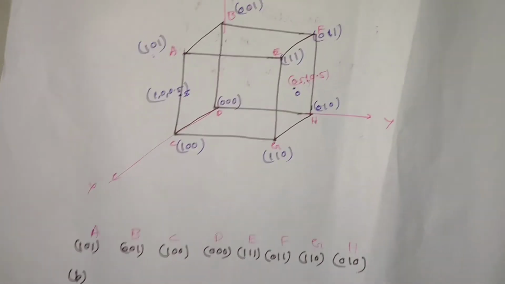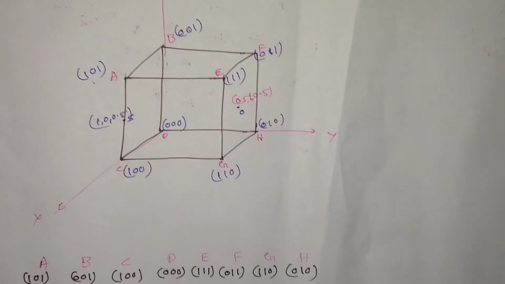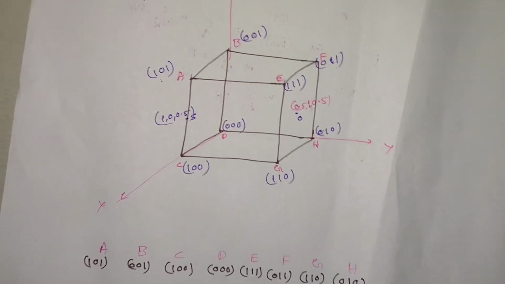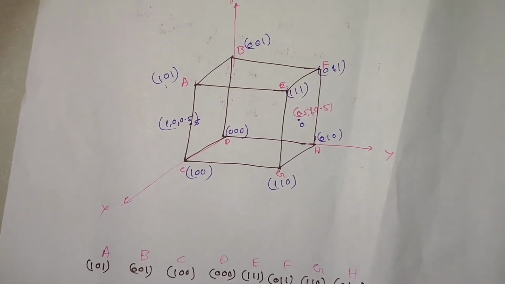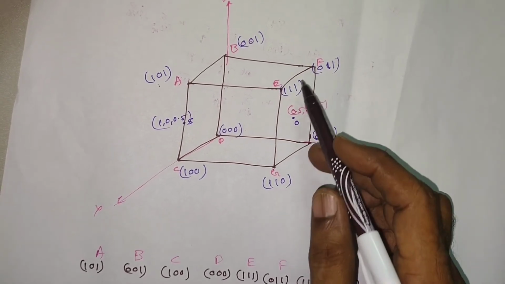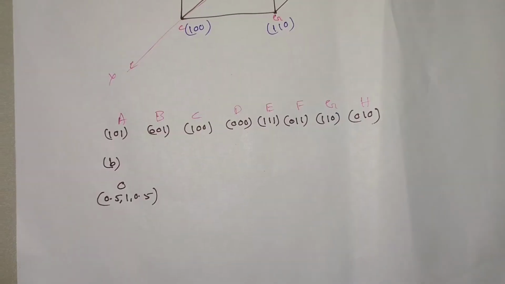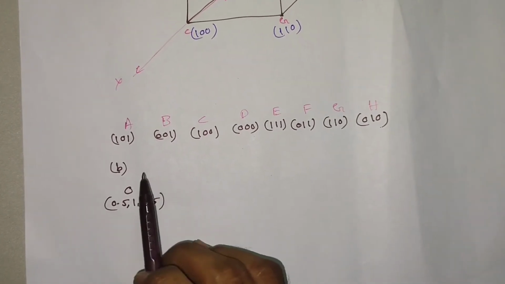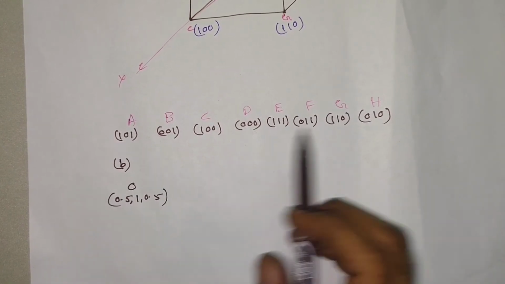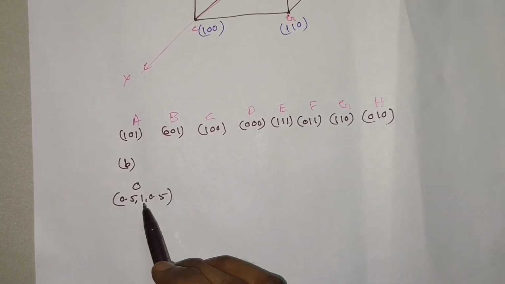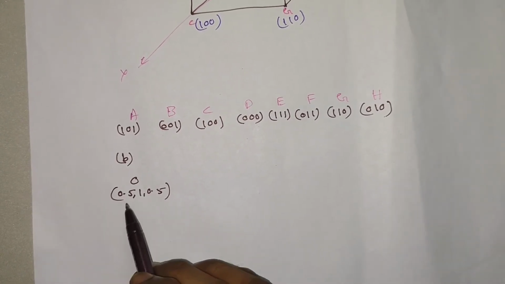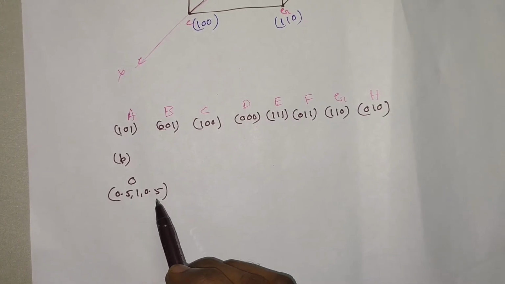So at the center of the cube, we have already found it is 0, because all the electric field intensities will be cancelled and the resultant will be equal to 0. And next we have to find out at the center of this particular face. Here I am writing down the points individually: A, B, C, D, E, F, G, H. These are the coordinates we are going to have, and the center of the face O is also written here, 0.5, 1, 0.5.